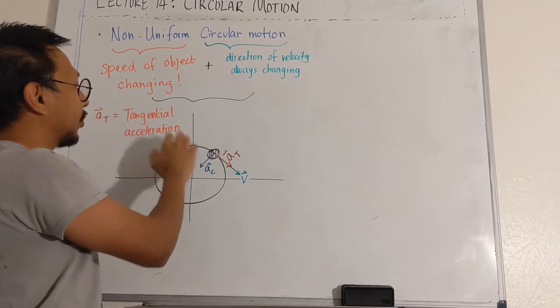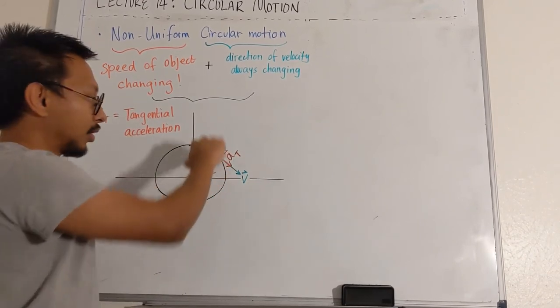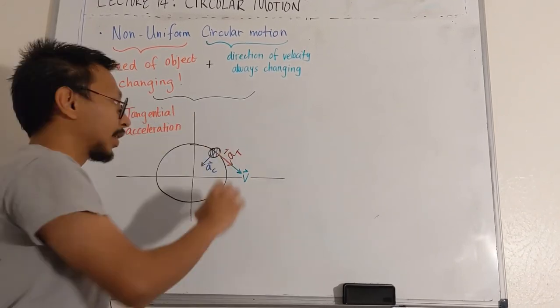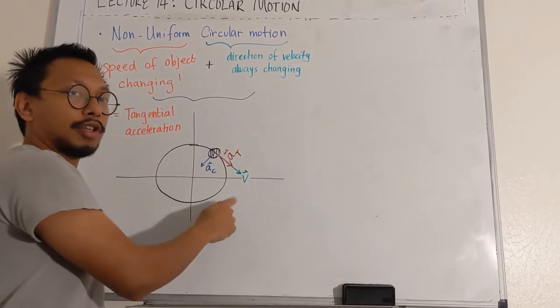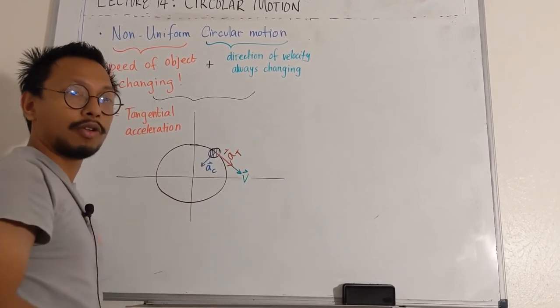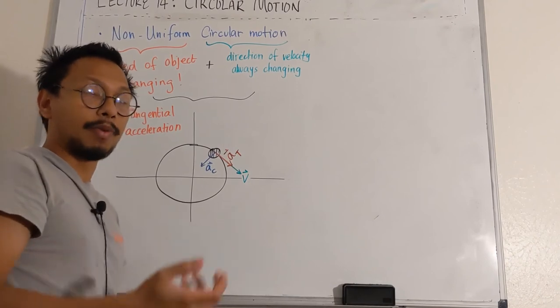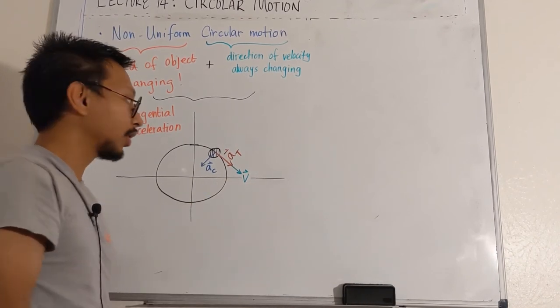So together we would have a motion that looks like this, an object moving in a circle. However, now we have an additional acceleration, which is caused due to the velocity vector also changing in magnitude. Remember, it can speed up or slow down.